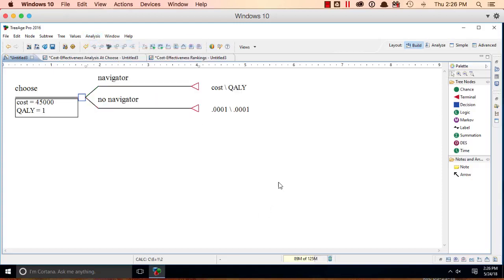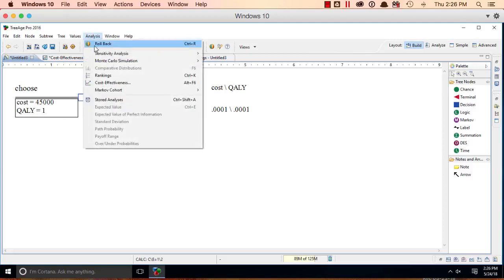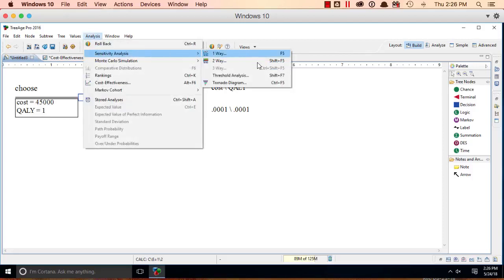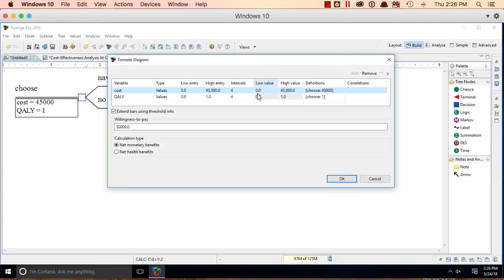And instead of a single solution, we're going to have a range of solutions. So we're going to examine the tornado diagram. Now the tornado diagram visualizes how much of an influence the different variables in the model have on the net monetary benefit and the ICER. How much of an influence does the cost have on an ICER?